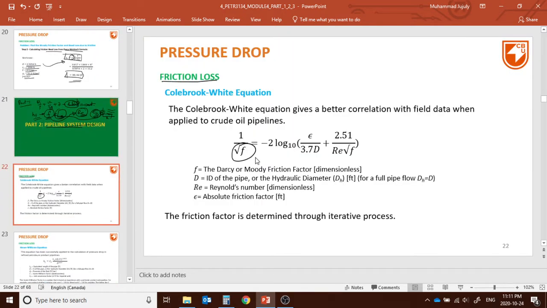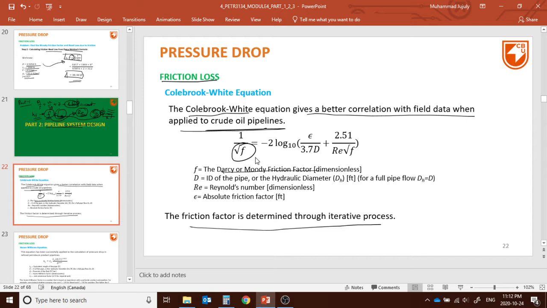However, except for using the Moody's chart, the Darcy or Moody's friction factor, we also have different ways we can calculate the friction factor. One way is to use the Colebrook-White equation, and this equation gives a better correlation with field data when applied to crude oil pipelines.